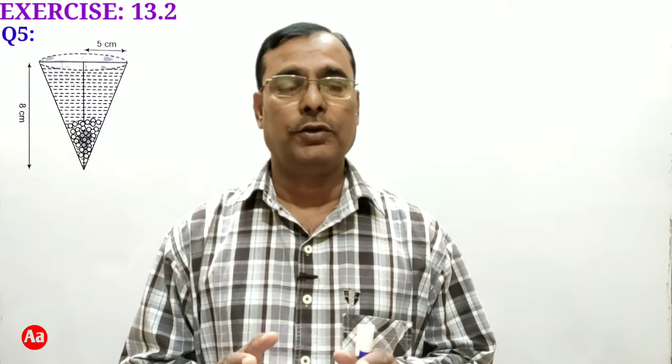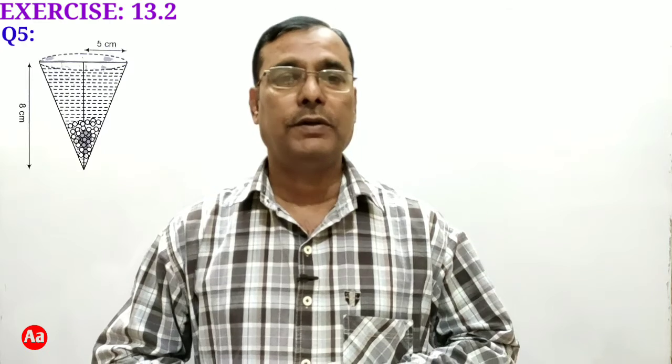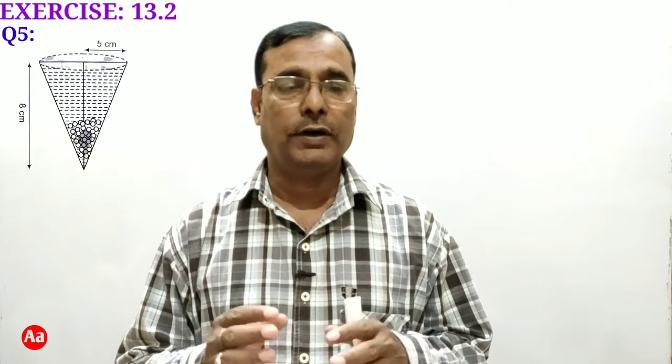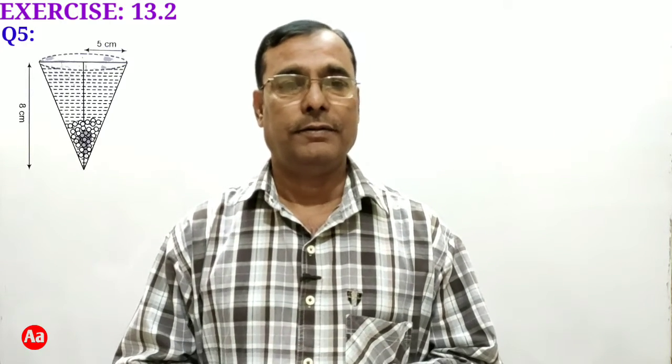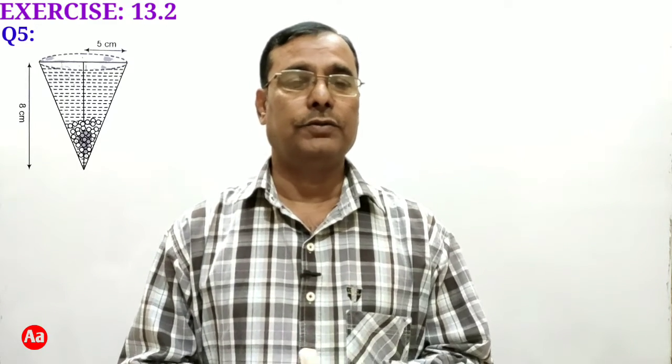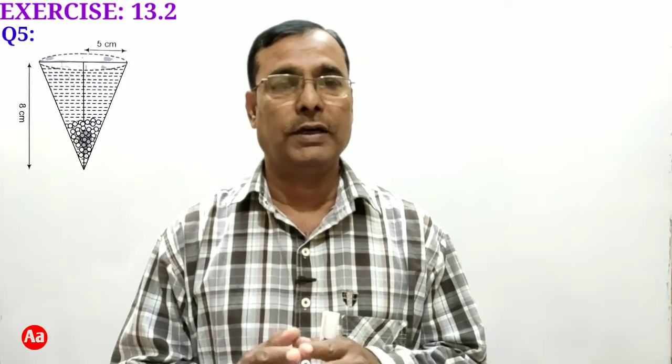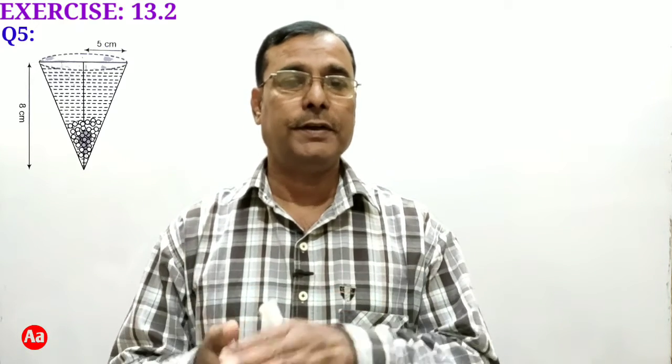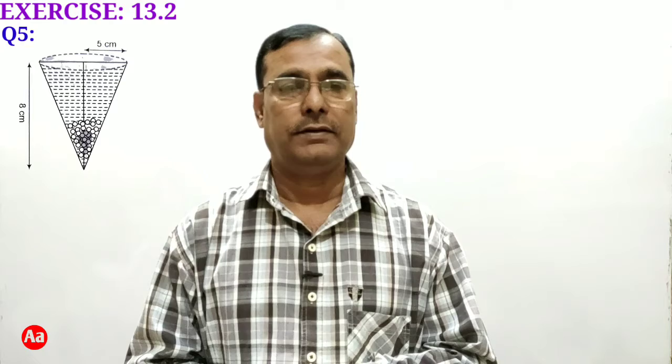We will find volume of the vessel, which will give us volume of water filled in the vessel. Vessel is filled with water up to the brim. So volume of the vessel means volume of water which is filled up to the brim in the vessel.